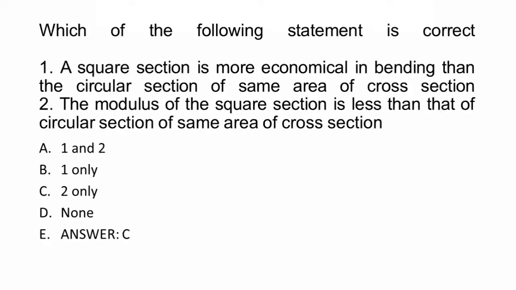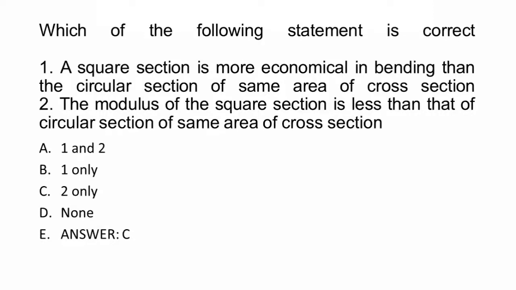So Z for square cross section is D cube upon 6. So 1 by 6, how much is 1 by 6? Something around 0.16, precisely it is 0.167 into D cube. So this is modulus of square cross section. What about circular cross section? It will be pi by 32.